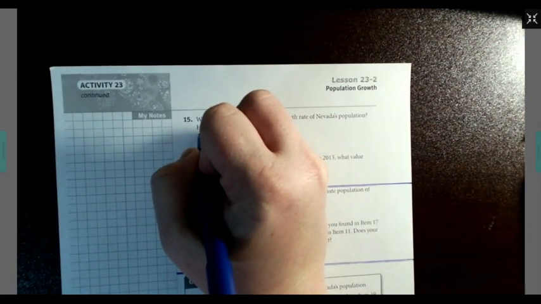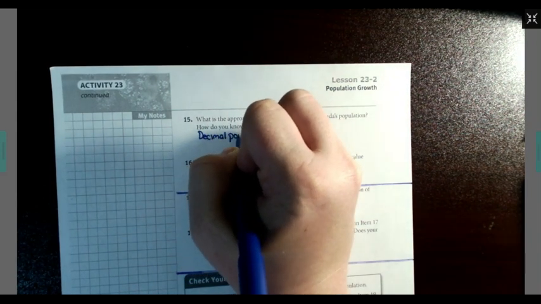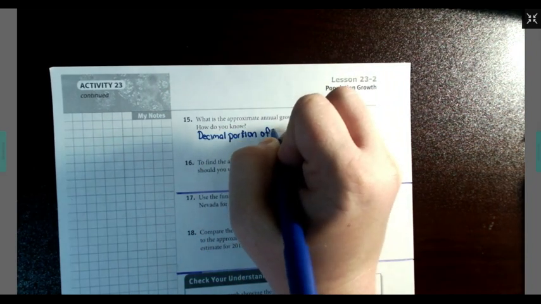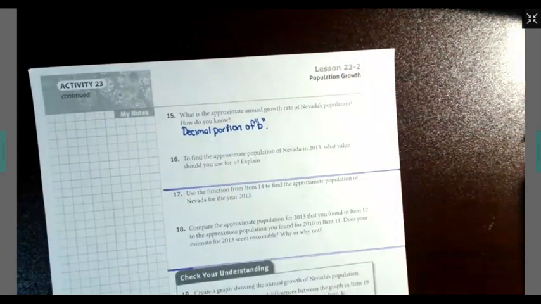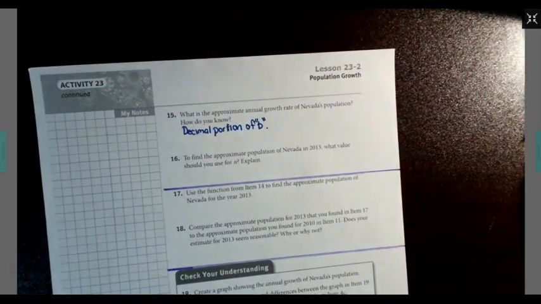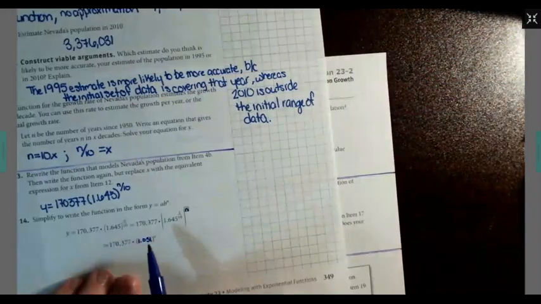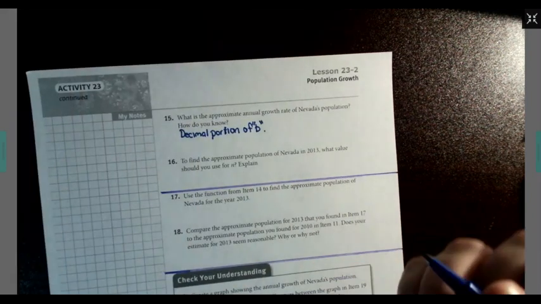Well, remember that is the decimal portion of B. So in this case, the decimal portion is 0.51.